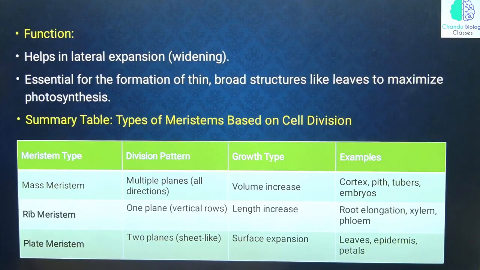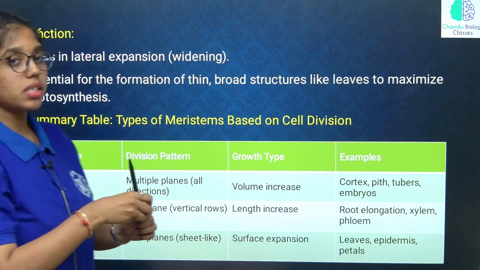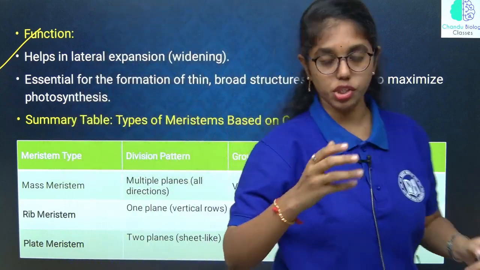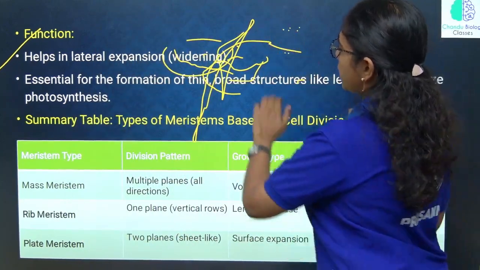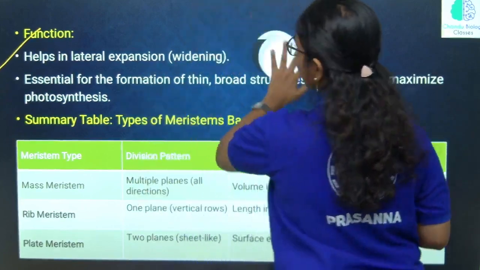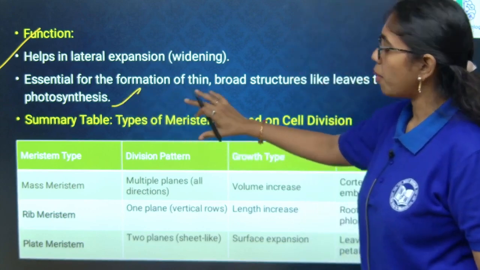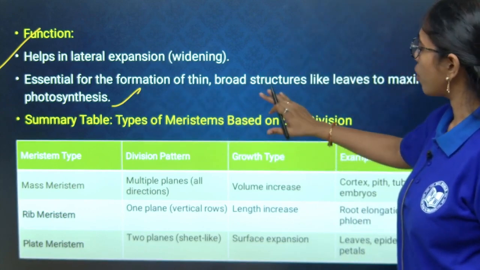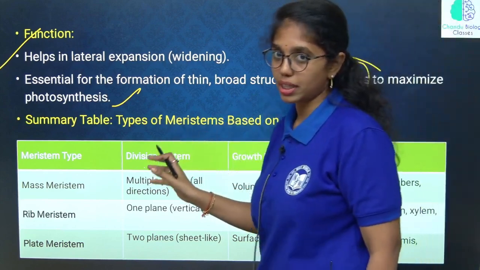Yeah, functions of plate meristems include they help in lateral expansion, that is widening. Okay, just as rib meristems give columnar extensions, they help in widening, that is lateral expansion, and they are essential for formation of thin broad structures like leaves to maximize photosynthesis.